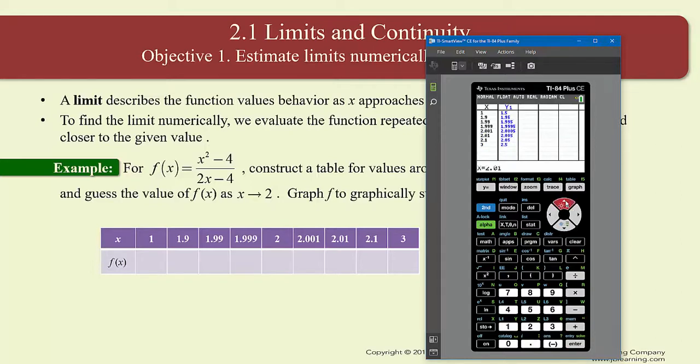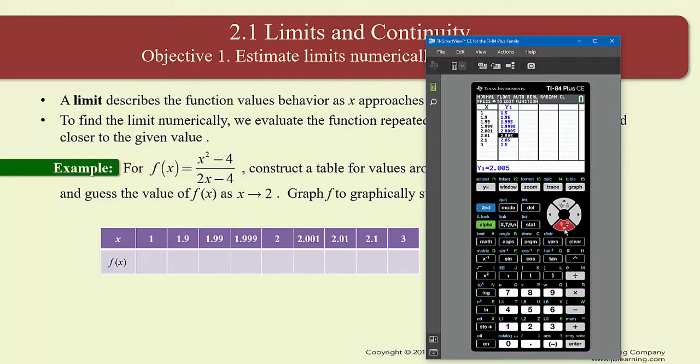So these are the values of y that I'm going to put into the table when I get to my chalkboard. When x is 1, the functional value is 1.5, then 1.95.